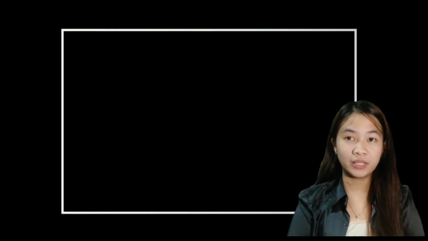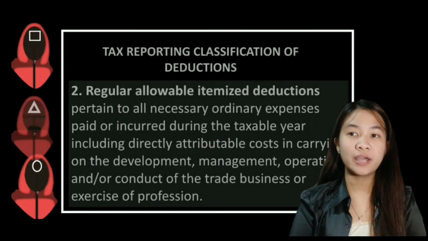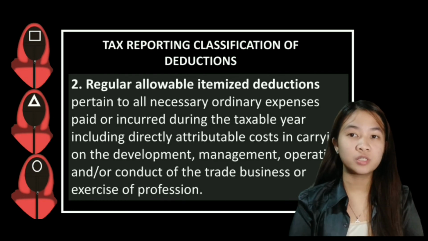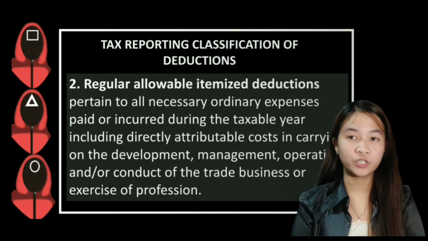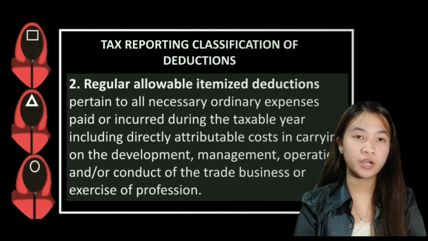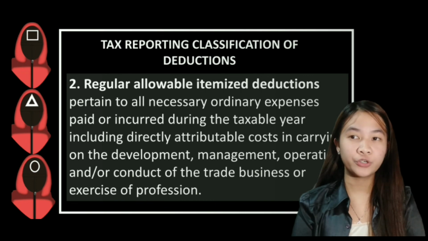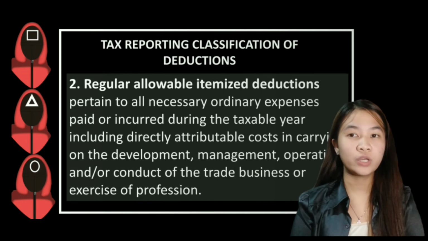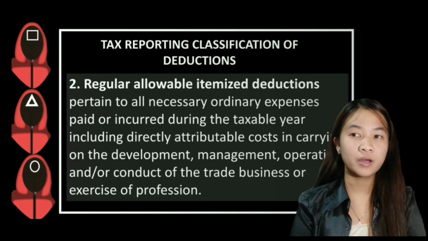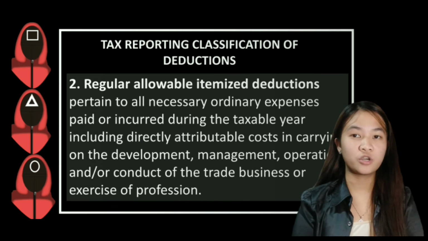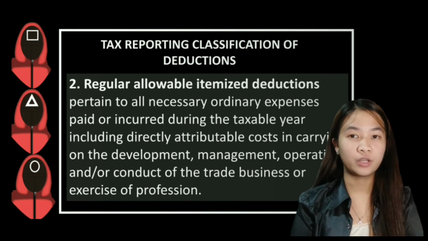Regular allowable itemized deductions. When we say itemized deductions, it refers to the specific expenses and other items that are deductible from gross income. Regular allowable deductions pertain to all necessary ordinary expenses paid or incurred during the taxable year, including directly attributable costs in carrying on the development, management, operation, and/or conduct of a trade, business, or exercise of profession.